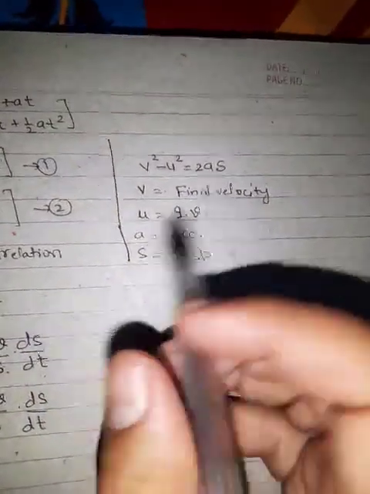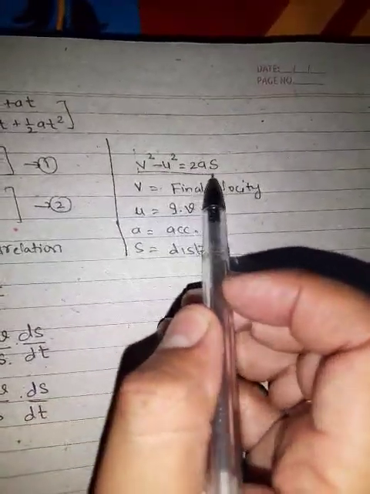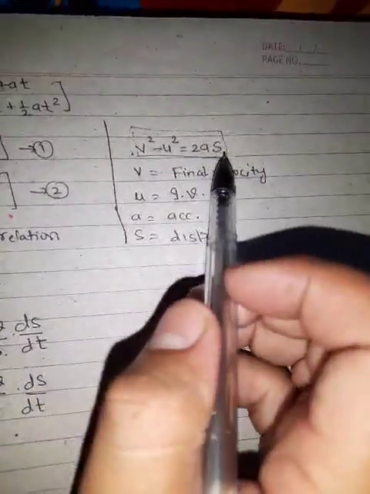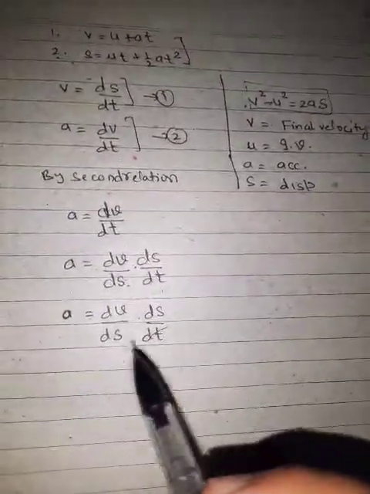So by this explanation we can easily find out the meaning of the third equation of motion. In this equation there is no concept of time period, so in the solution we will not take time period into account.